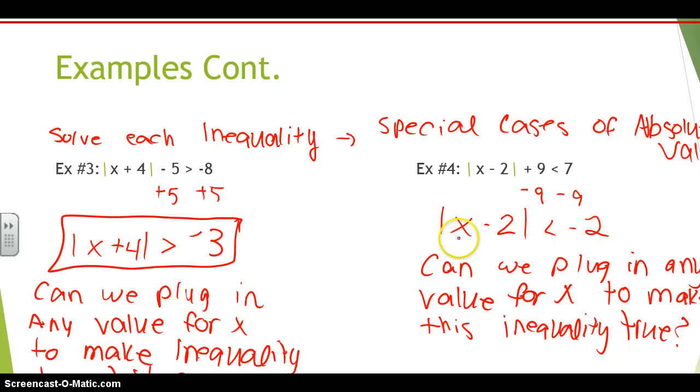Any value I plug in for x is not going to make the left side less than negative 2. So this is a no solution situation, because we can't plug in a value for x to make this a true inequality statement dealing with absolute value.